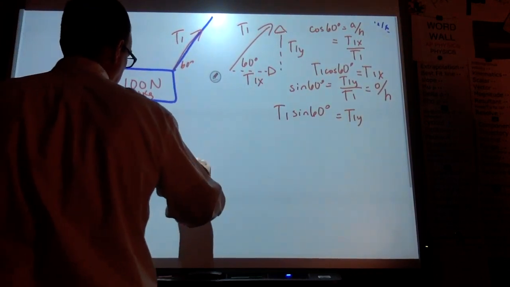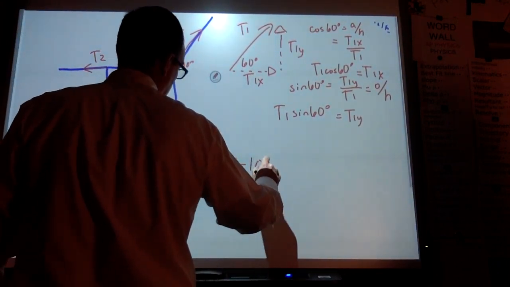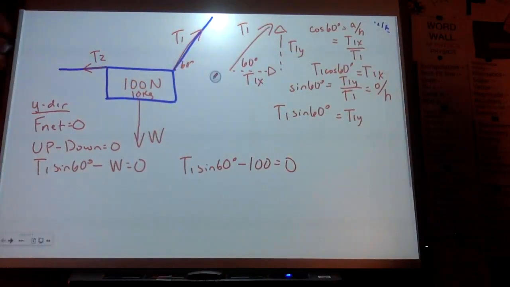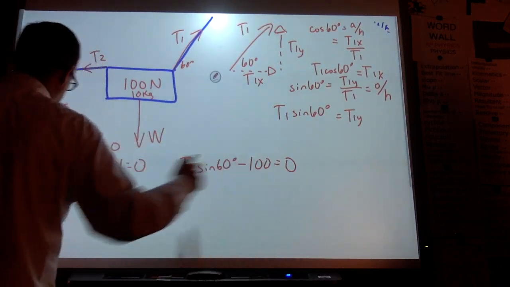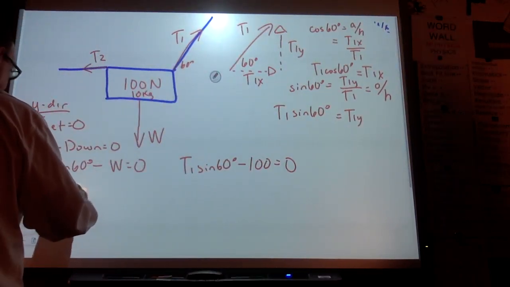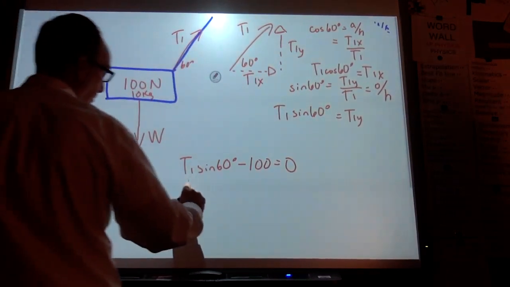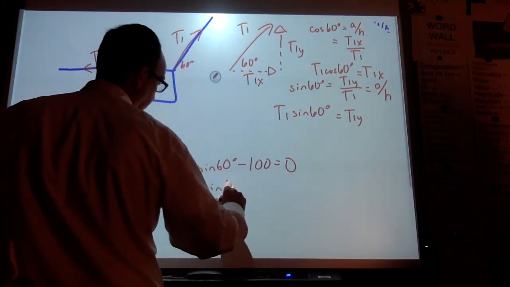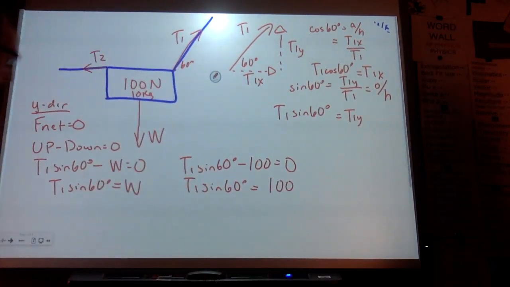So if I want to put the numbers in right away, I could write T1 sine of 60 minus 100. So I'm going to add W to the other side, add 100 to the other side. And I'm going to get that T1 sine of 60 is equal to W, or T1 sine of 60 is equal to 100.